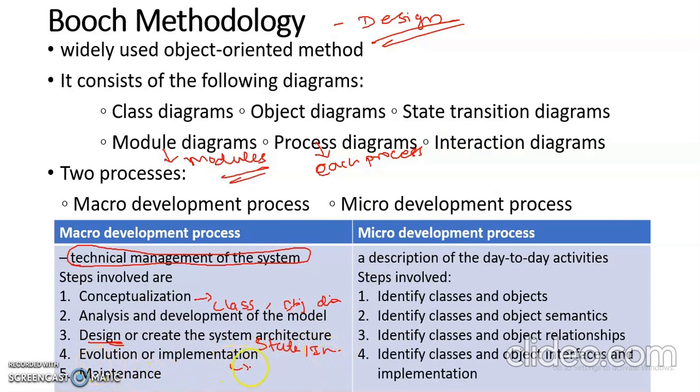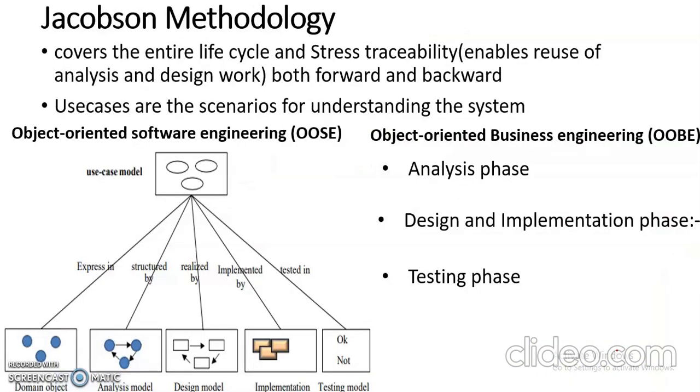Then implementation, and maintenance involves testing. And the micro development process is nothing but the day to day activities followed by a single developer or a group of software developers, and it involves identification of classes and objects, semantics, relationships, as well as object interface and implementation.